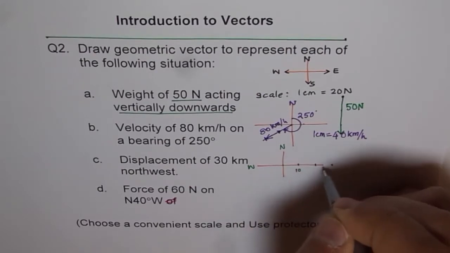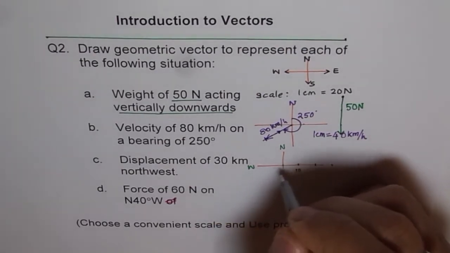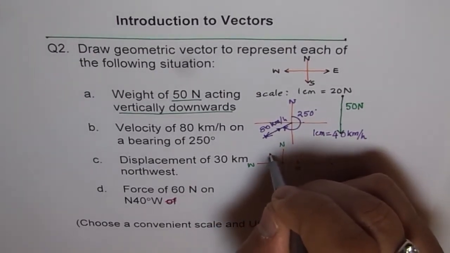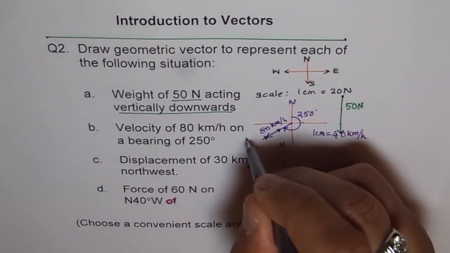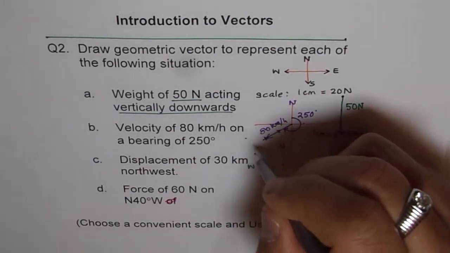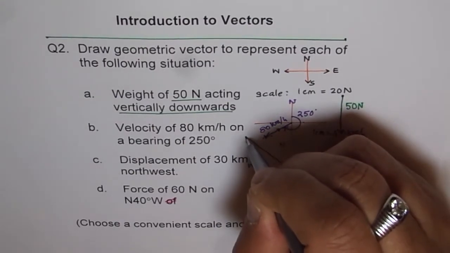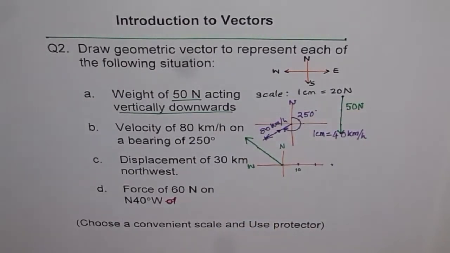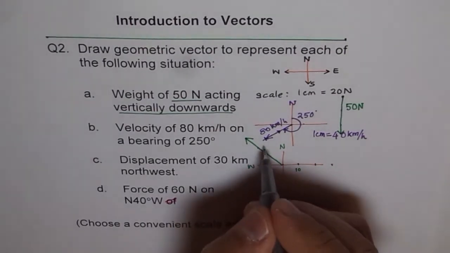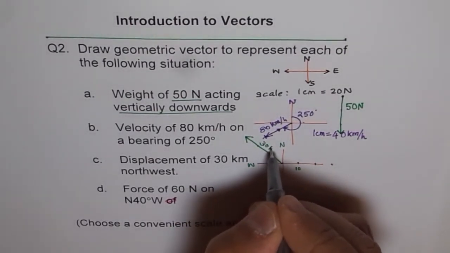So every centimeter is 10 units, therefore 30 will be 3 units. So we go here 1 unit, 2 unit and 3 unit, right? And we can join them with a scale, a perfect line, and say, well, this is my 30 kilometers. And then we write here 30 kilometers.